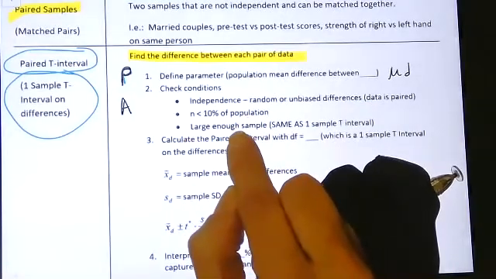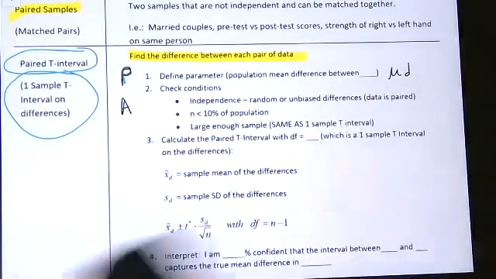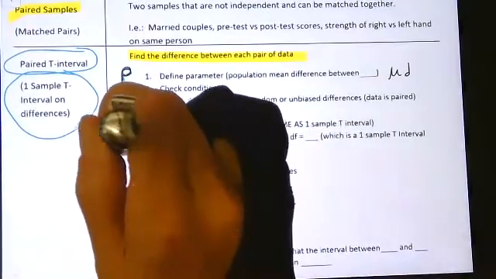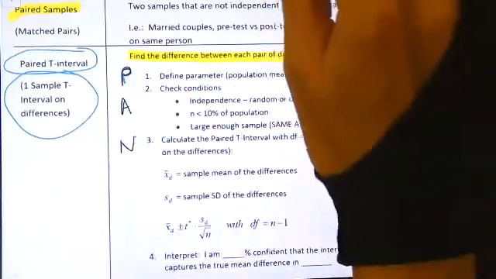Our sample needs to be large enough, same as what we've done before. If your sample is 30 or greater, it's large enough. If your sample is less than 30, we need to investigate more by looking at some kind of graph to see if we have symmetry and no outliers to give us some evidence that this might have come from an approximately normal distribution.